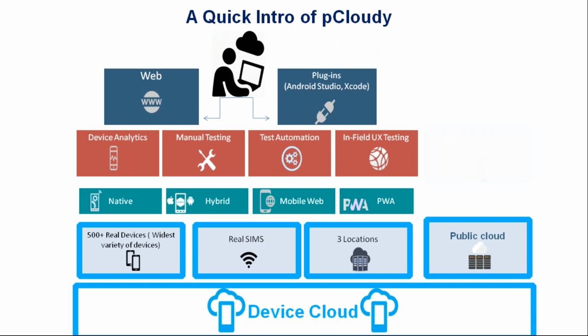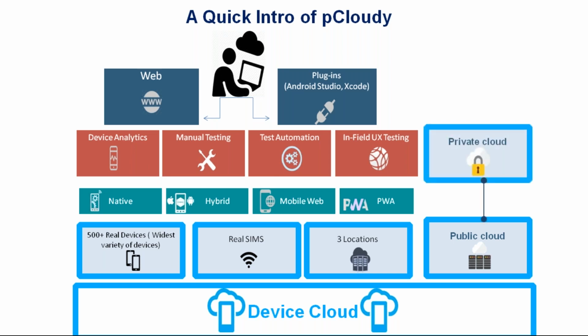The second offering which we have is called private cloud. As the name indicates, private cloud is absolutely private to a specific client. We have seen cases where some clients say they do not want to use shared devices. They want a dedicated device cloud. They want the cloud access 24/7.